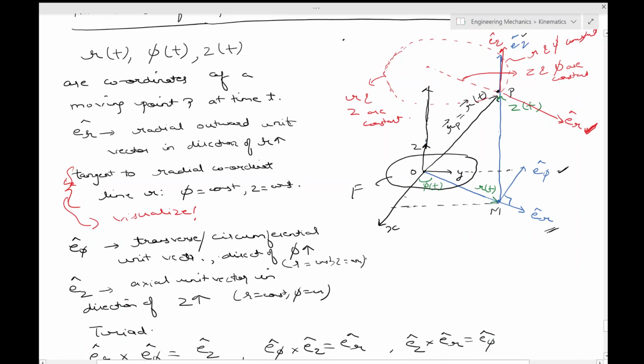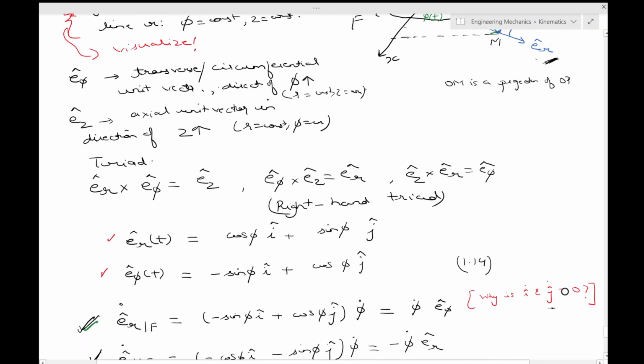Because OM is a projection of OP. If you project this OP in this Er direction, you will be getting OM. So phi dot is the angular speed of the projected line OM about the z-axis.